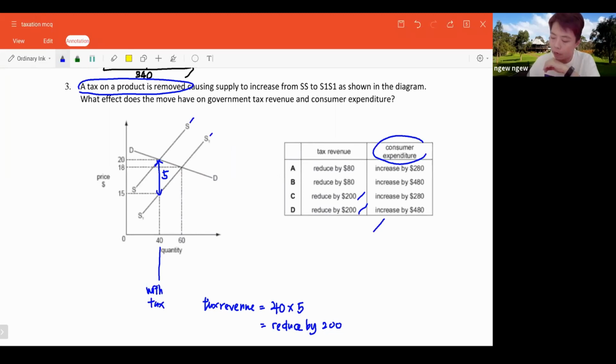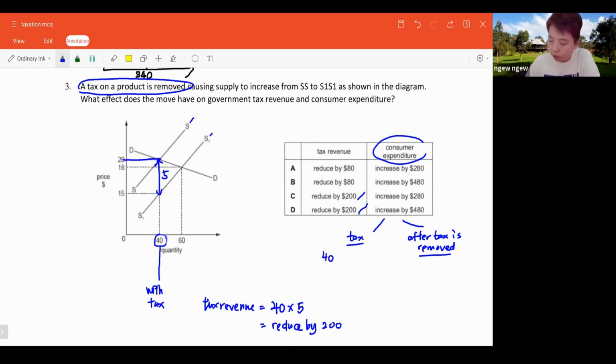We need to find out the consumer's expenditure when tax is imposed and after tax is removed. Going back to the diagram, when tax is imposed, the consumers consume 40 units at the price of 20.